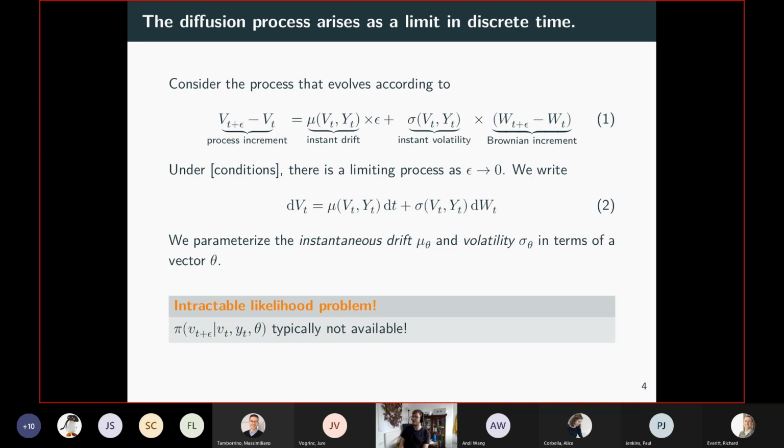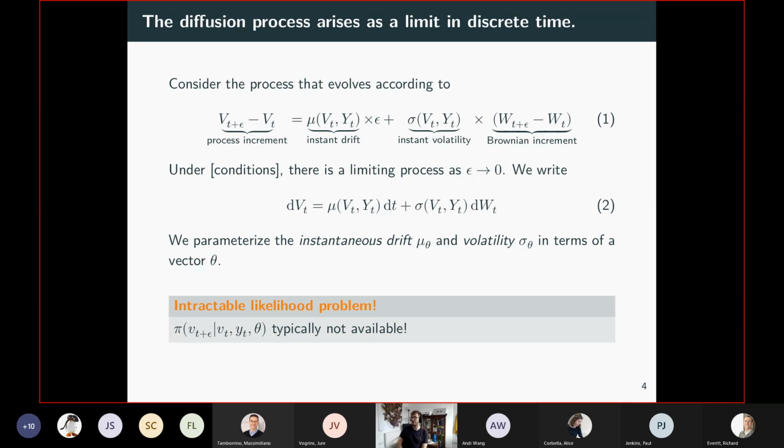What distinguishes this model from an ordinary diffusion model is that now the instantaneous drift and the instantaneous volatility can change with the regime process. So they can go through discrete breaks.